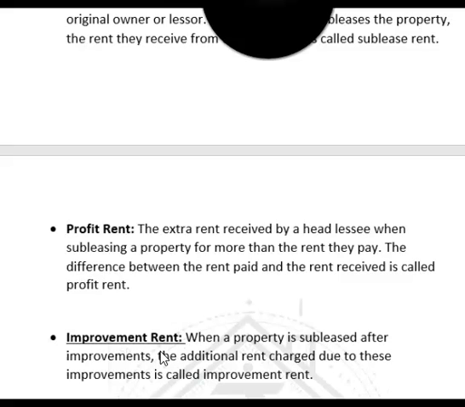Also, one 12 marks case study came in exam. Out of 12 marks, 4 marks were only to find out the profit rent and improvement rent. This is only plus and minus. If you take care and learn it, then it's easy to answer it.